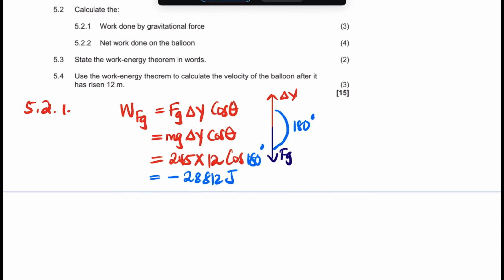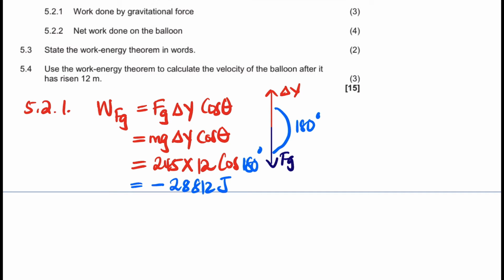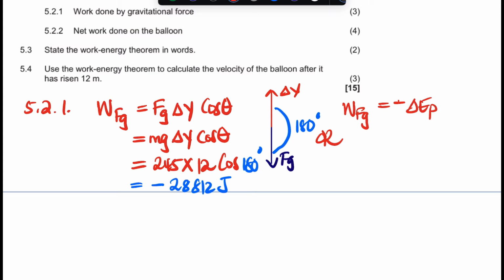Alternatively, guys, you can calculate this by using this formula. You can say the work done by gravitational force is equal to the negative change in gravitational potential energy, which is going to be negative mg final minus mg initial. And then the mass, there's a negative, don't forget the negative, 245 times 9.8.